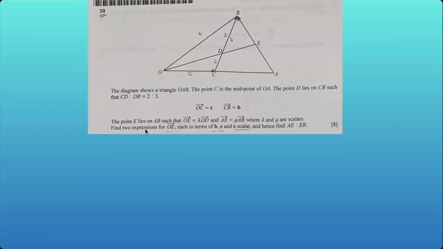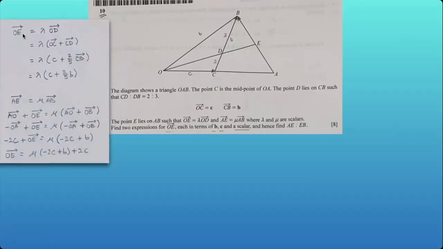Find two expressions for vector OE, each in terms of vector b, vector c, and a scalar. And from there, find the ratio of AE to EB. What we can do is start from these two given expressions.